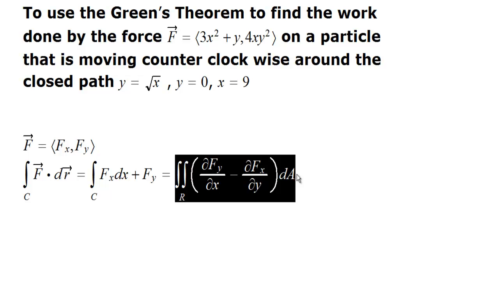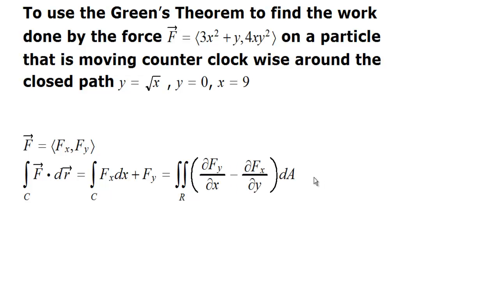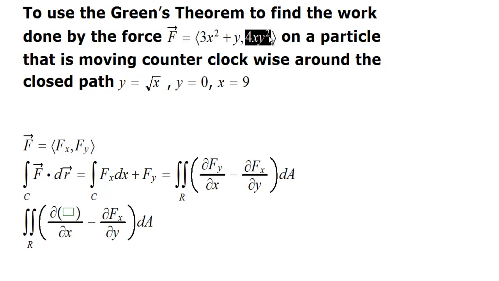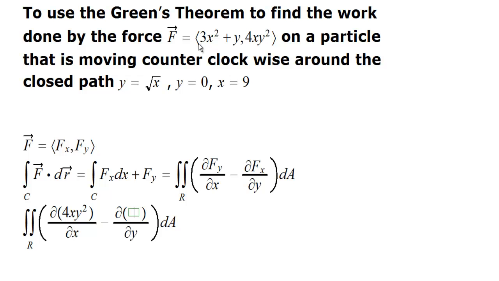So first here we have 4xy squared. Okay, so let's write that down. And then we have minus 3x squared plus y.